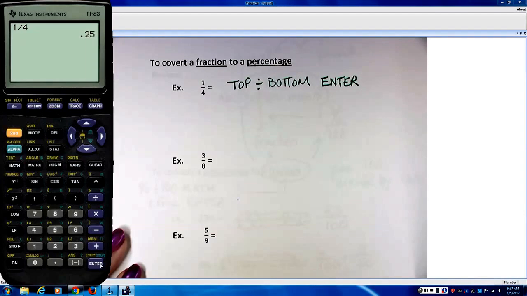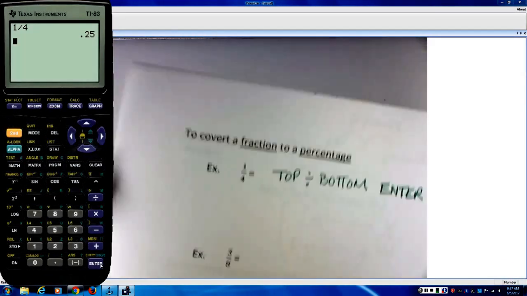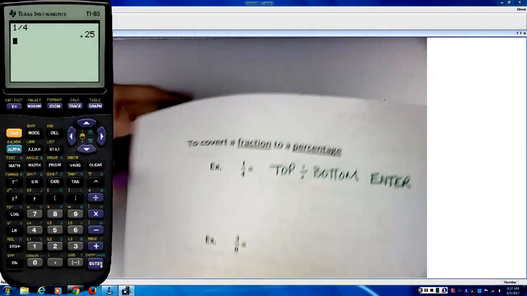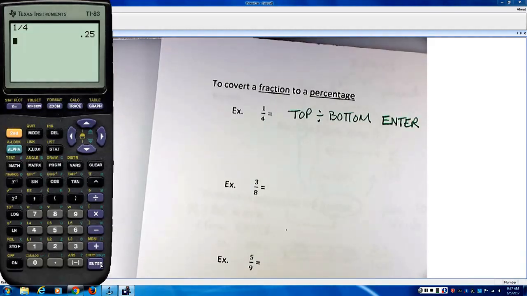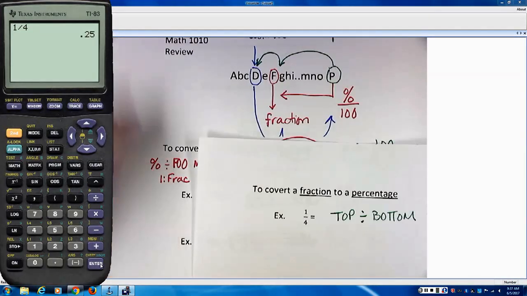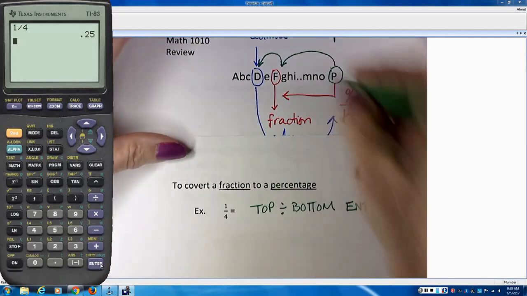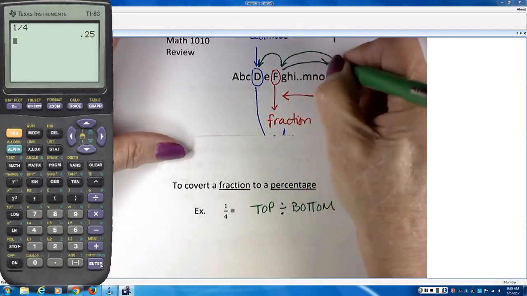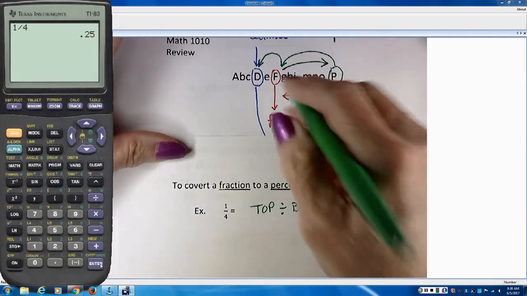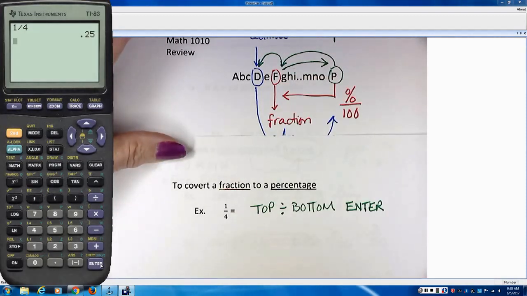Now, if I have a decimal and I want to change it to a percent, okay, let me come help you. Remember, if I'm wanting to go fraction to percent, I'm going to have to first go to a decimal, then to a percent.